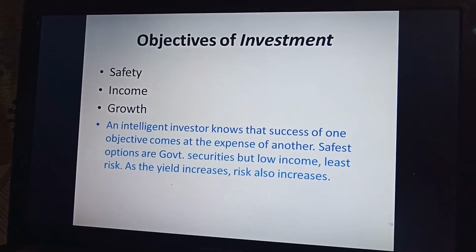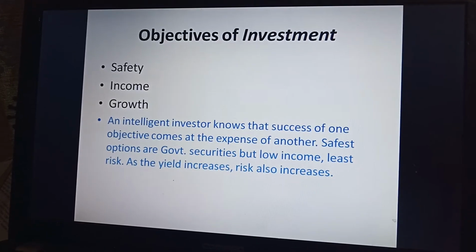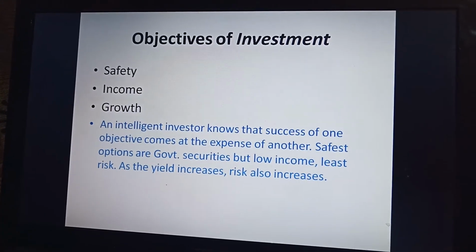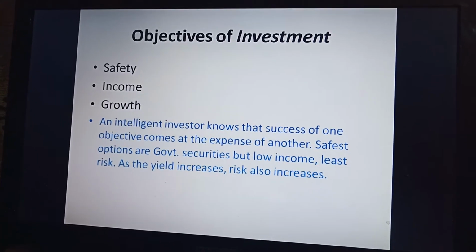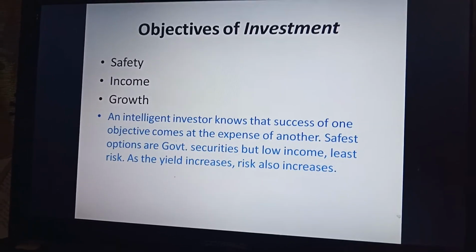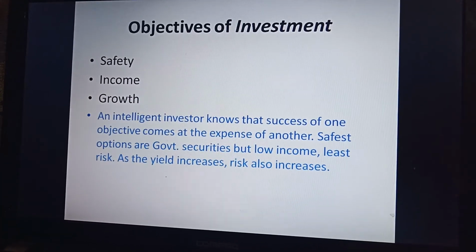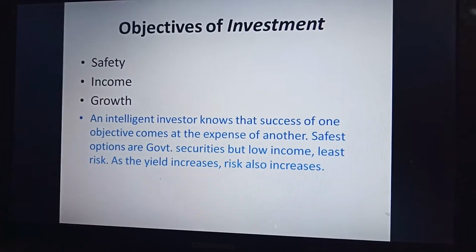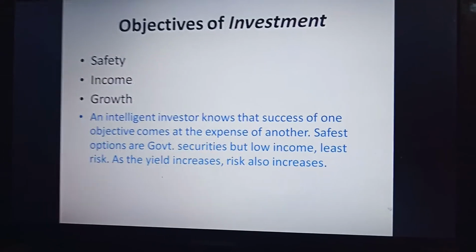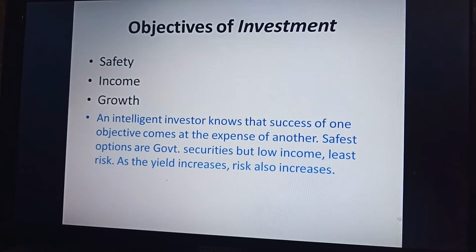So what are the objectives of investment? Generally, the objectives of investment are safety as well as income as well as growth. But we are not able to achieve all these targets. An intelligent investor knows that success of one objective comes at the expense of another.